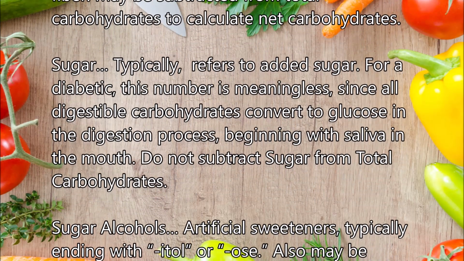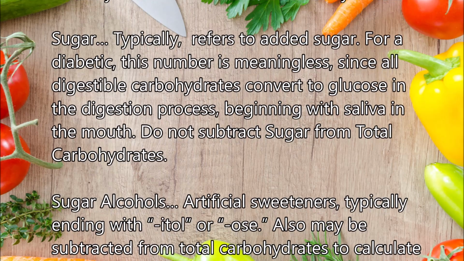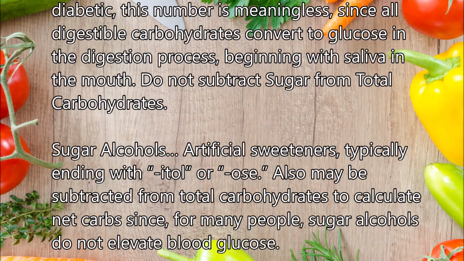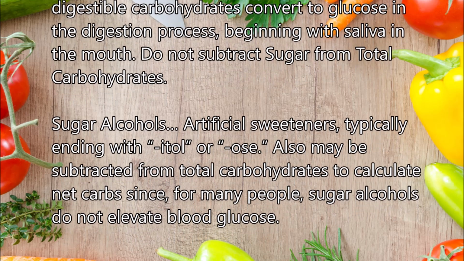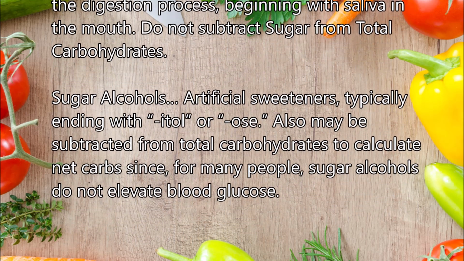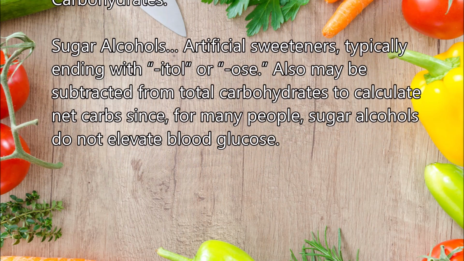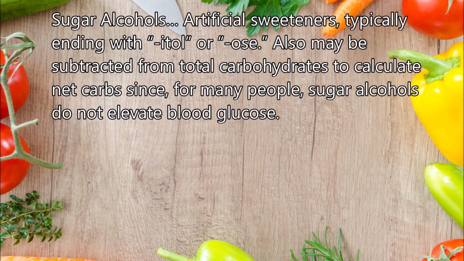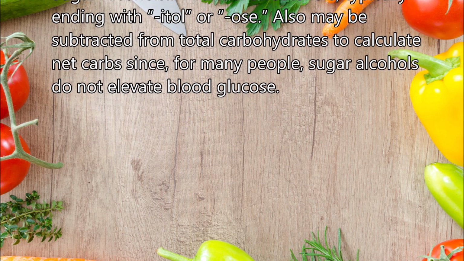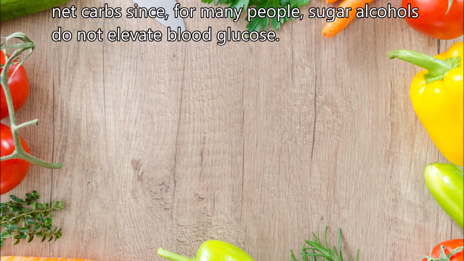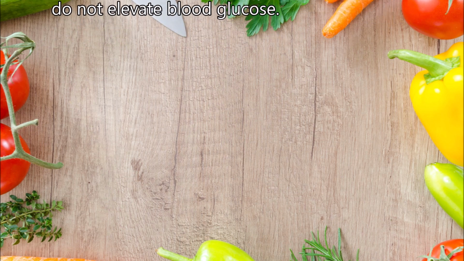For a diabetic, this number is meaningless, since all digestible carbohydrates convert to glucose in the digestion process, beginning with saliva in the mouth. Do not subtract sugar from total carbohydrates. Sugar alcohols. Artificial sweeteners, typically ending with -ital or -ose. Also may be subtracted from total carbohydrates to calculate net carbs since, for many people, sugar alcohols do not elevate blood glucose.